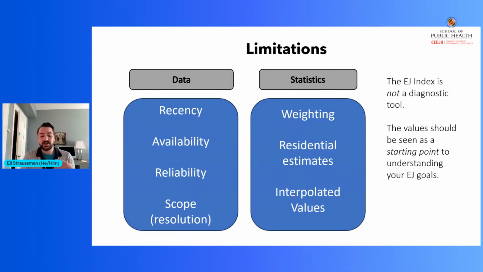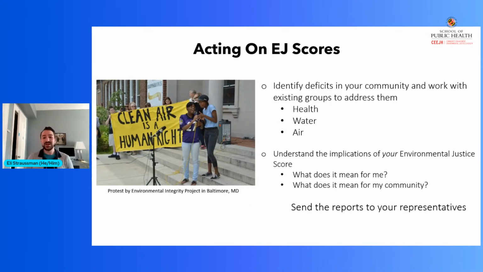And to start developing a sense for community members to understand how they're being either exploited or disadvantaged by environmental considerations. And that dovetails quite well into understanding how we can use these scores to address these environmental justice considerations.